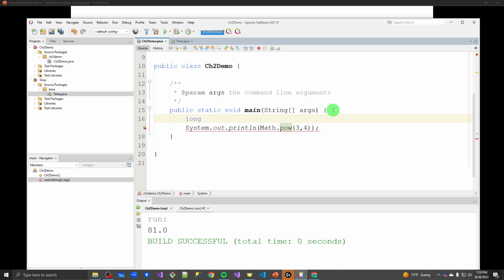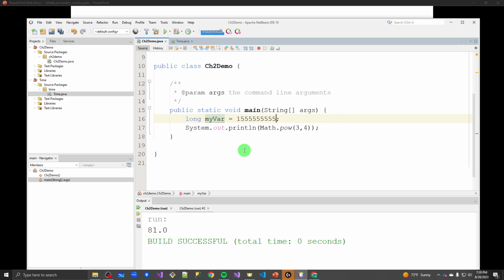Long myVar equals 15. Okay. What if I try 15.7? Doesn't work. What if I put a giant number like that? It works, but Java thinks that's an int, and an int doesn't fit. So I put an L after it.